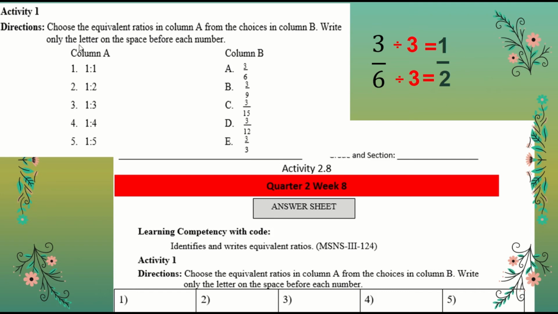So, alin ba yung 1/2 dito? Number 2. Ibig sabihin, yung 3/6, yung letter A, which is equivalent to 1/2, nasa number 2 siya. So, it means number 2 is letter A. So, isolve nyo muna lahat to. O yung isolve nyo muna yung letter B para malaman nyo alin ba yung katumbas dito.